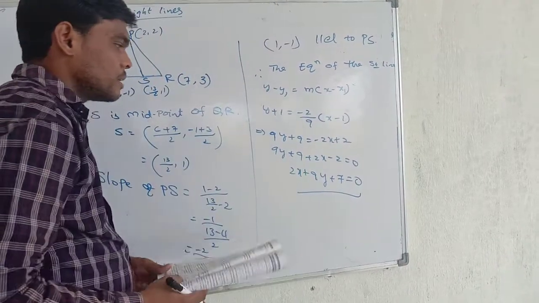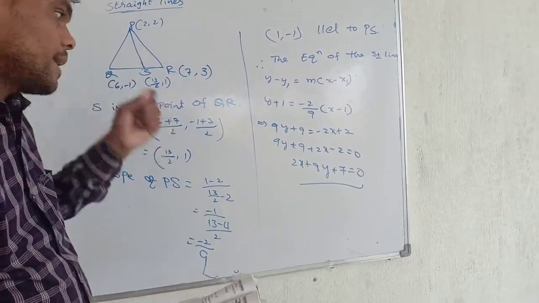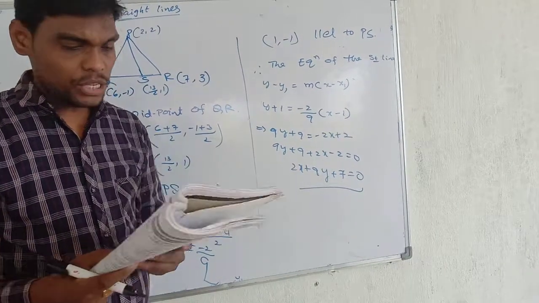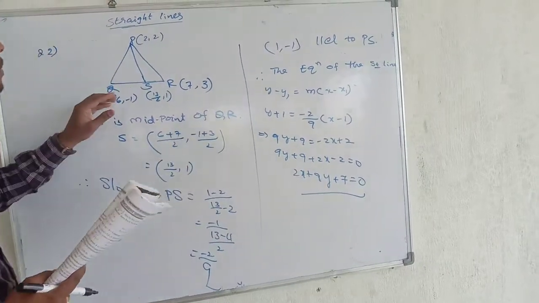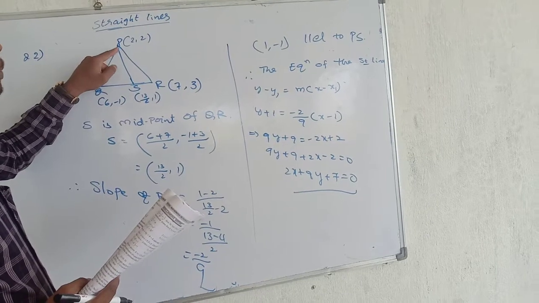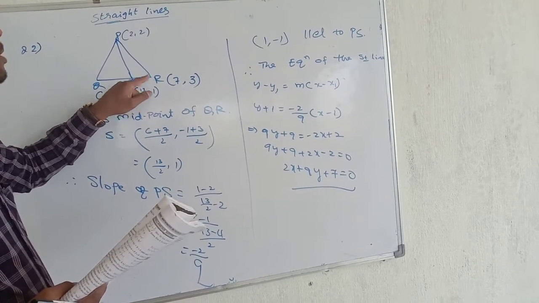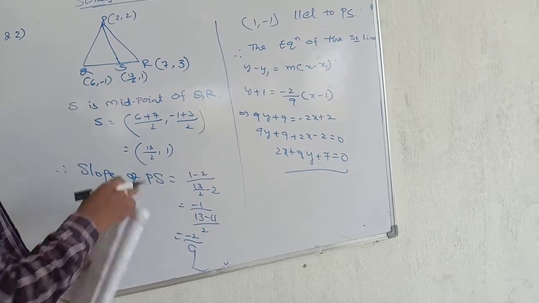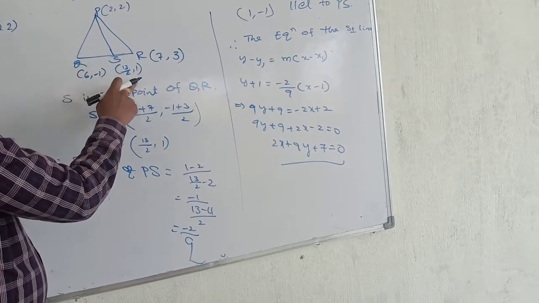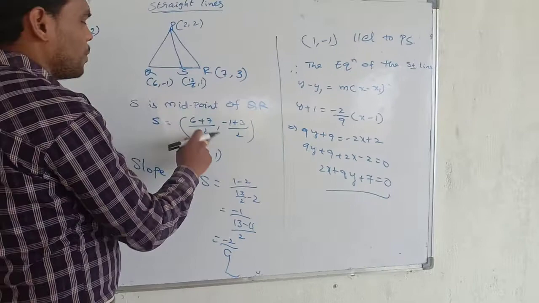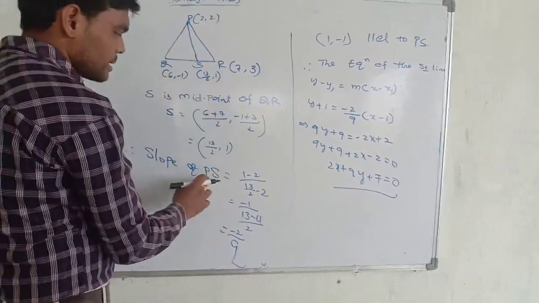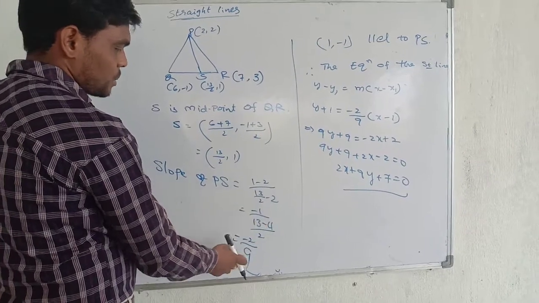Now the required line parallel to PS is 2x plus 9y plus 7 is equal to 0. Once again, in the triangle PQR, PS is the median, S is the midpoint of QR, and the S coordinate is 13 by 2 comma 1. The slope of PS is y2 minus y1 by x2 minus x1.